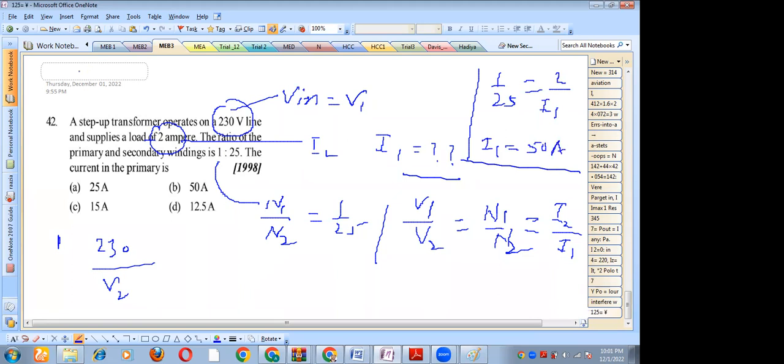If you use V1 by V2 here, then you don't know V2. So it's better to use N1 by N2 is equal to I2 by I1. That will be easier. So you have to see which formula should be applied. Understood? Got it?